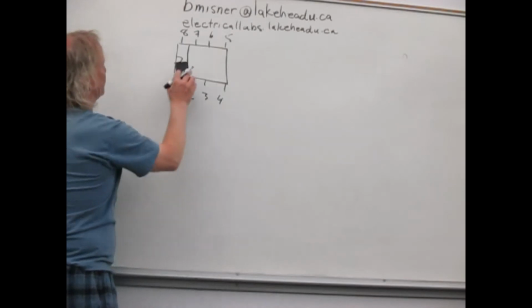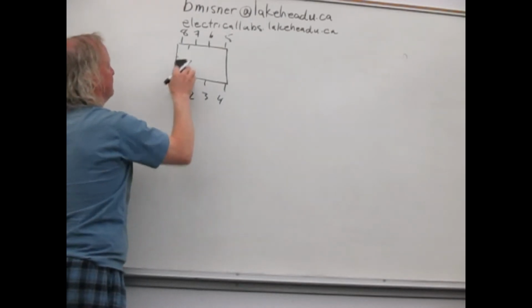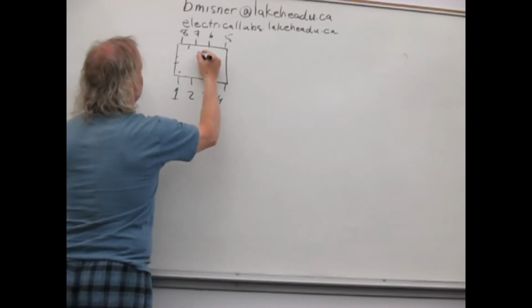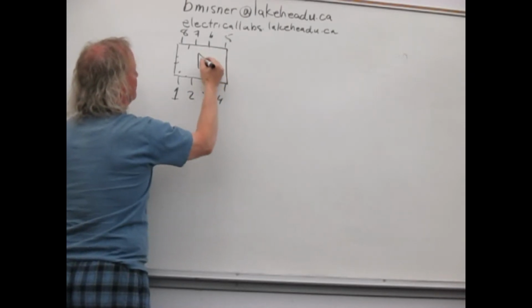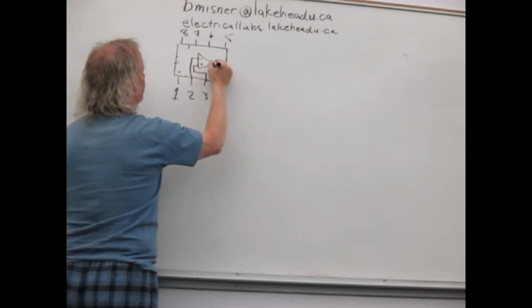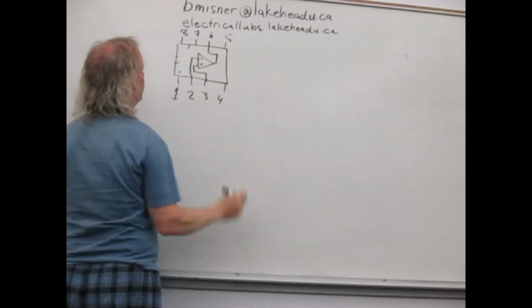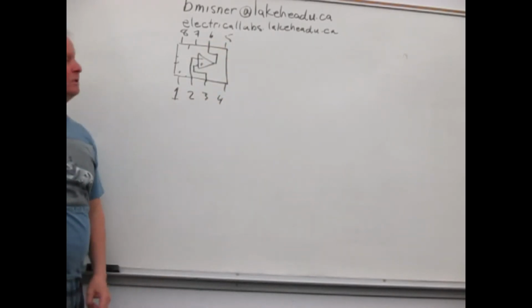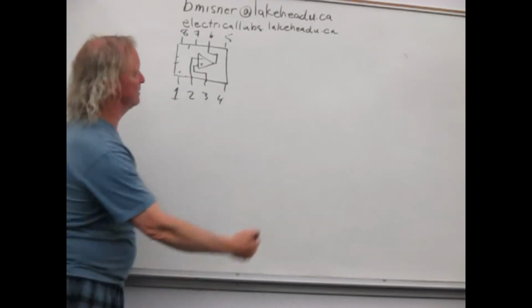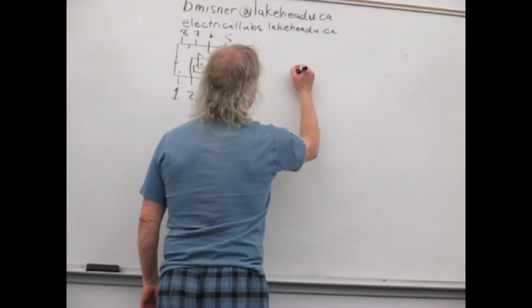So I'm just going to get rid of these things here. And the amplifier is a little triangle. And it'll look like this. We have 2 inputs, and I'll draw this a little larger.